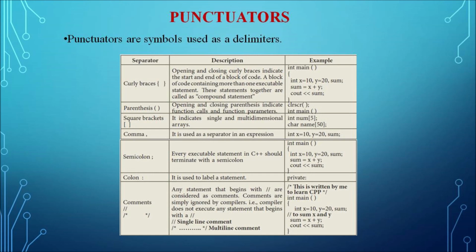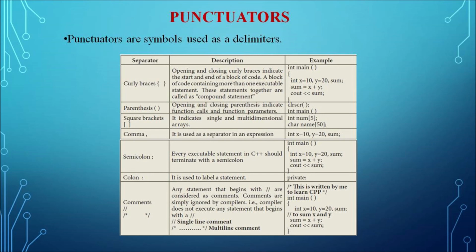The double forward slash is used for a single line comment, and the slash asterisk that ends with asterisk slash is a multi-line comment. You can see the example with both comment line statements. First it is used for multi-line and the next for single line. This is how the comment line separator is used.